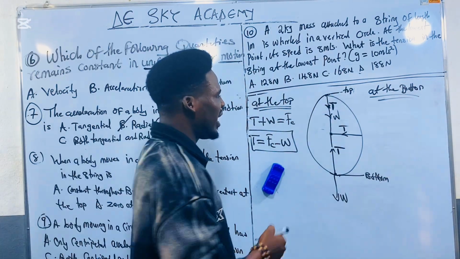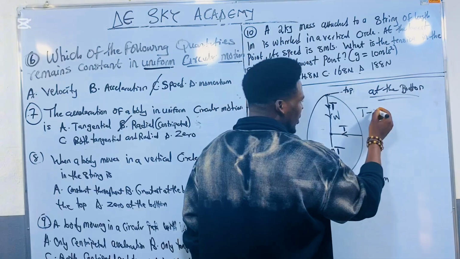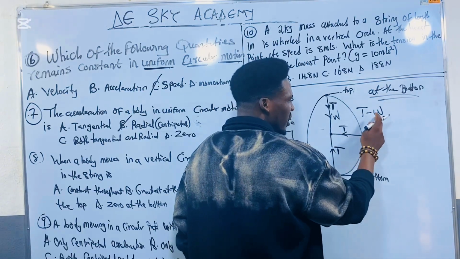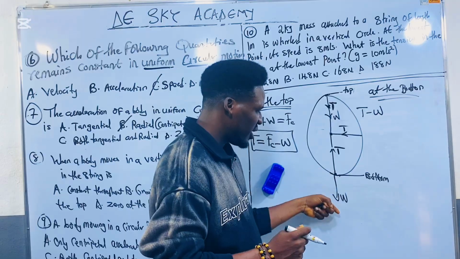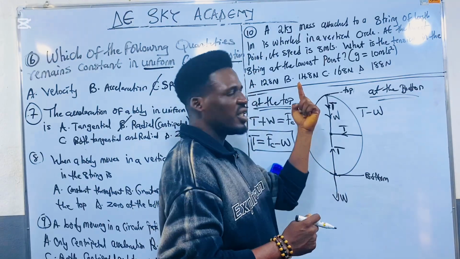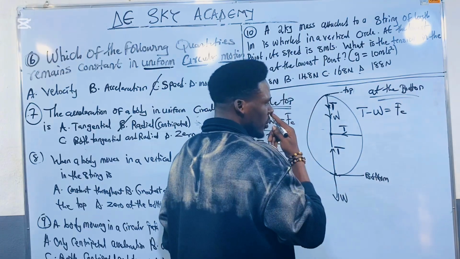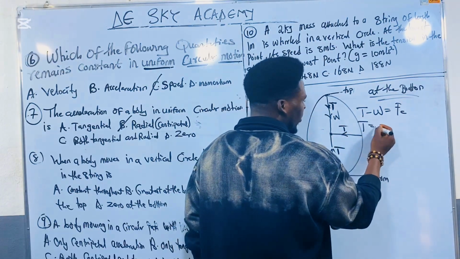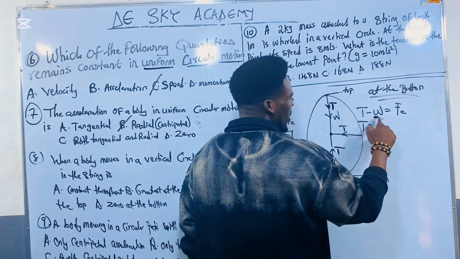I will have that the tension minus the weight. Why are you subtracting them? Because both of them are moving in opposite directions. Remember, the weight is acting downward, the tension is acting upward. So, which is equal to the centripetal force.